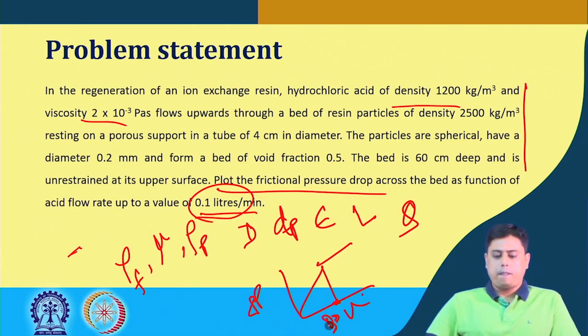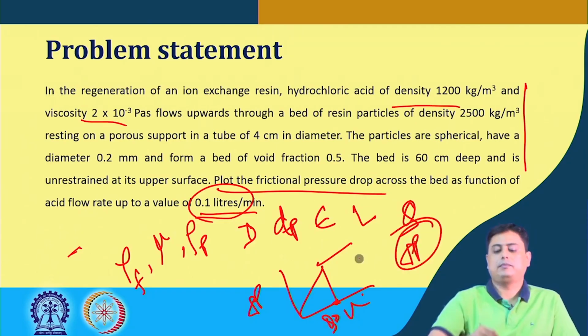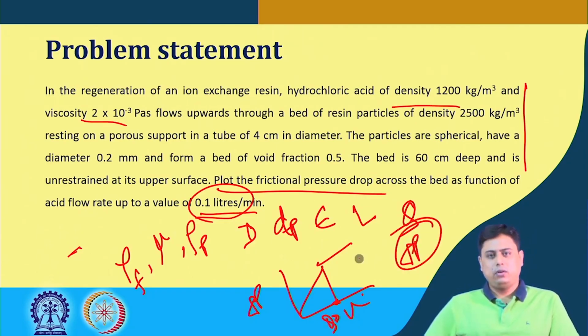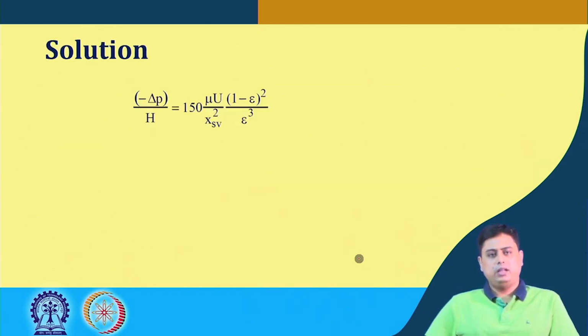So, first of all we have to calculate what is the del P of this case. Assuming laminar flow, okay, we can apply this relation. This is the first part of the Ergun equation, or the other form you can say of the Kozeny-Carman equation, fine, with a different constant value.